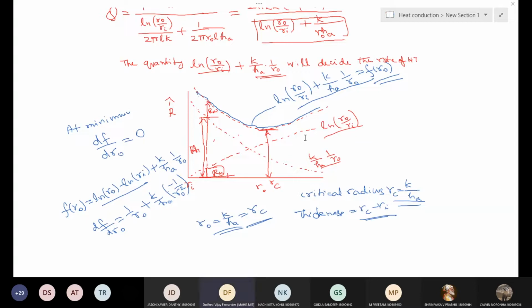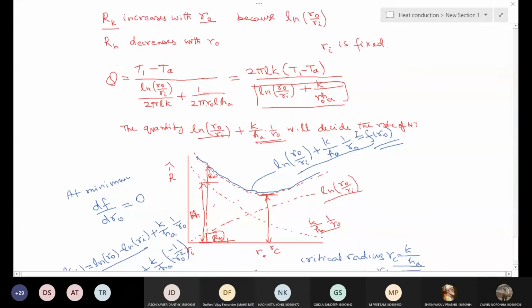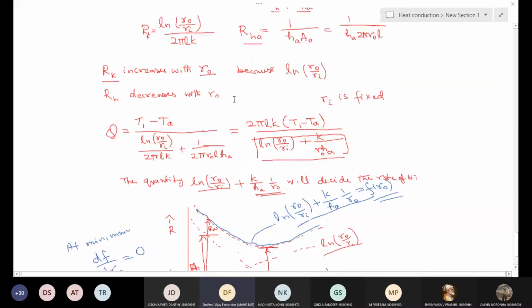Okay, so we stopped at critical thickness of insulation, and I think I asked you to continue to find the critical radius of insulation for spherical wall also. Have you done that? So this is for cylindrical wall.